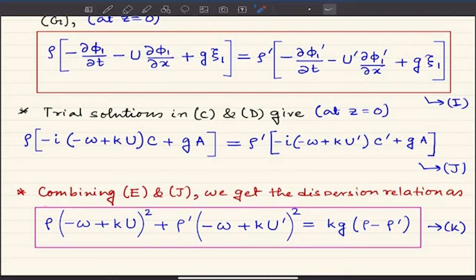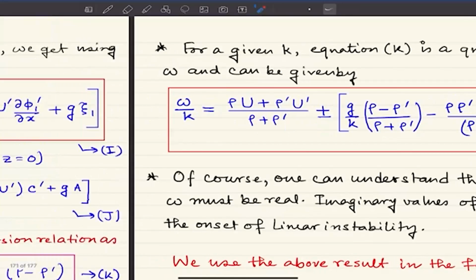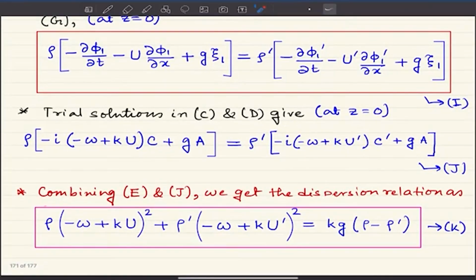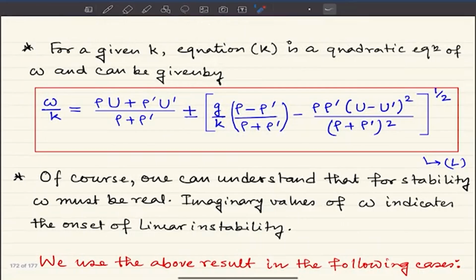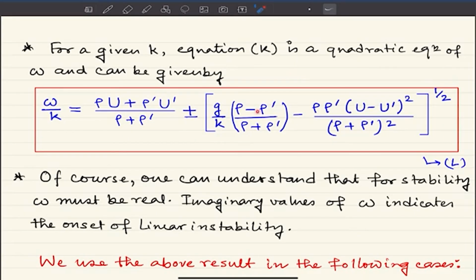Of course you can easily understand that if we consider that the wave vector is given, then this is nothing but a quadratic equation for omega, and omega can be written in this way: omega by k is equal to (rho capital U plus rho prime capital U prime) by (rho plus rho prime) plus minus this whole factor, that means (g by k) (rho minus rho prime) by (rho plus rho prime) minus rho rho prime (U minus U prime) whole square by (rho plus rho prime) whole square, whole to the power half.